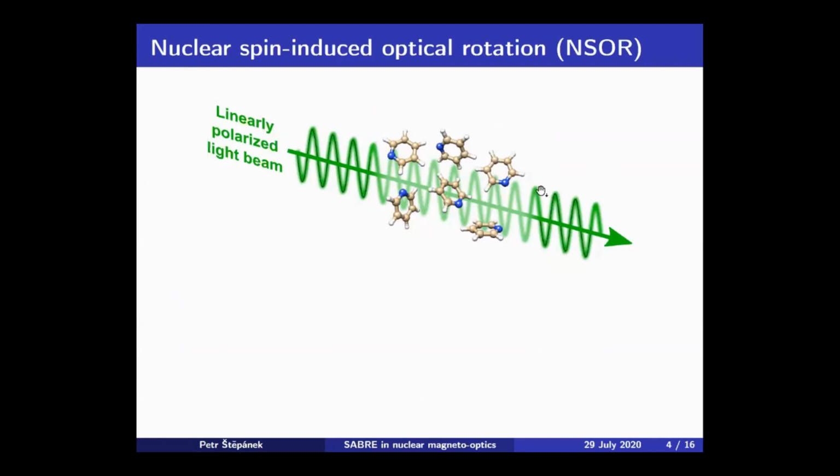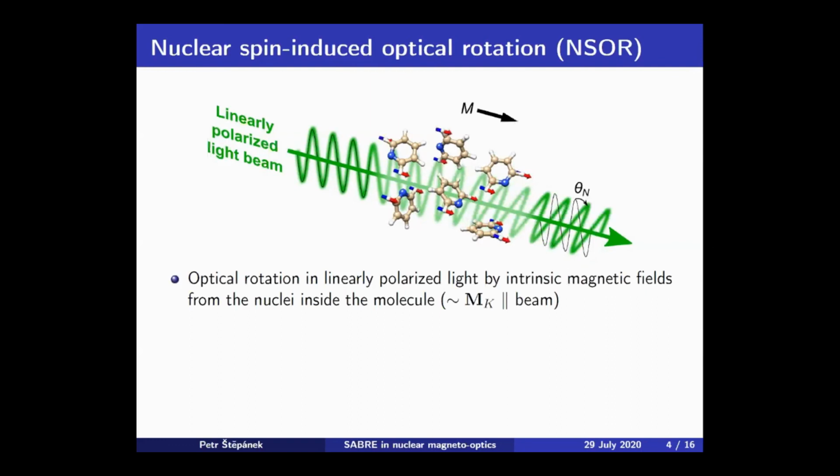So if we now go back to our initial sample of pyridine, we again have linearly polarized light going through it. And now instead of applying an external magnetic field, we manipulate some of the spins in the sample so that we get magnetization along the light beam. What we know is that if a nucleus has a spin, it also possesses a magnetic moment. So that means that we are effectively creating small magnetic fields inside the sample.